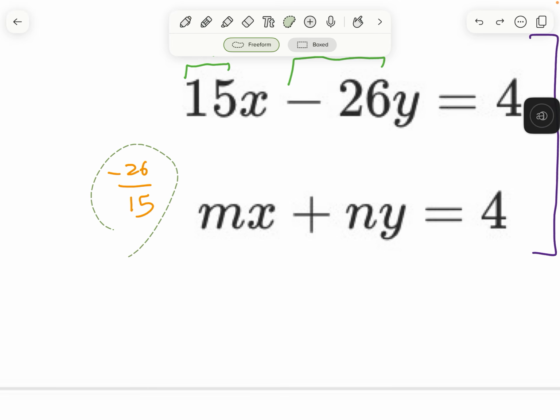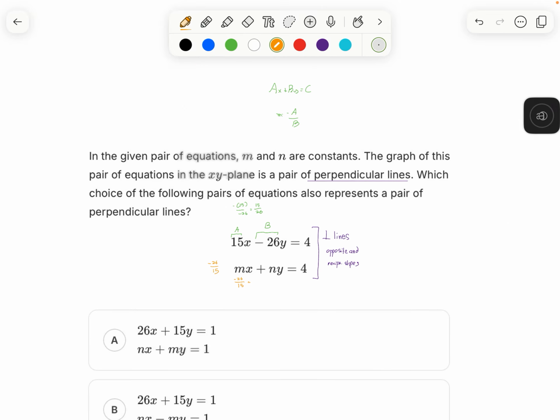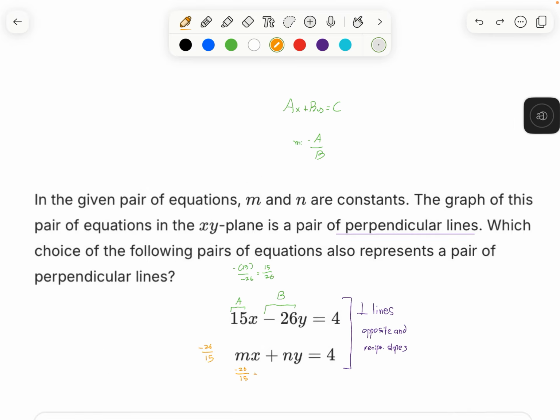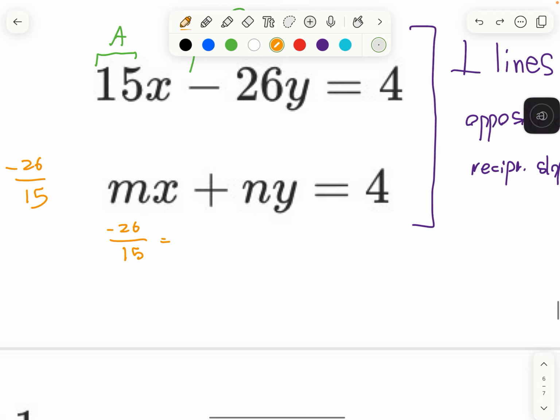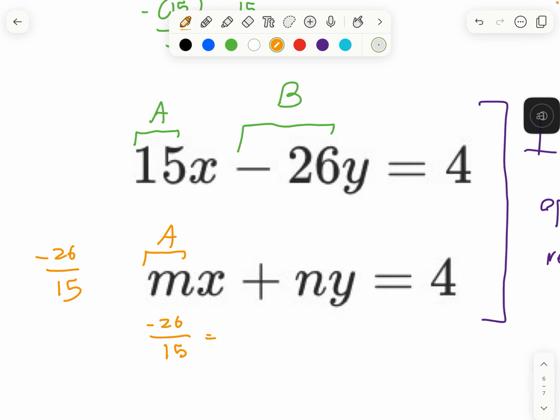Why is that important to know? Because now you have these constants m and n, and you can represent them with the slope value. What I mean by that is, if negative 26 over 15 is a slope, what is the slope formula? We just learned it was negative A over B for equations in standard form. Well, in this case, m is A and n is B, so it's going to be negative m over n.